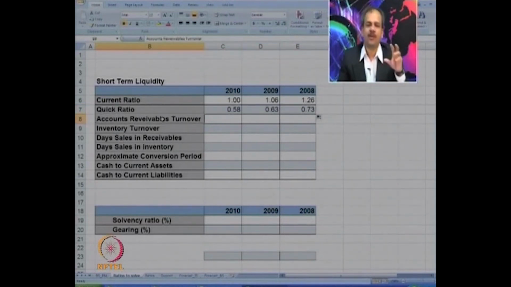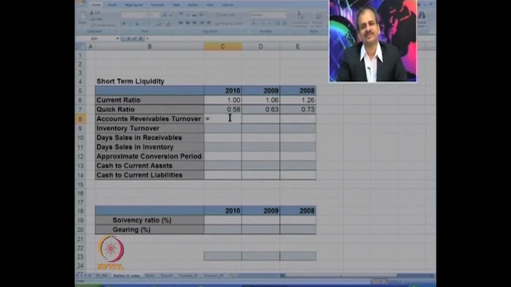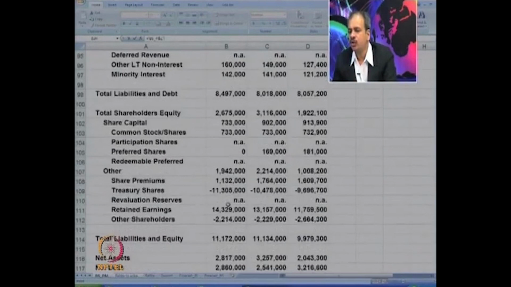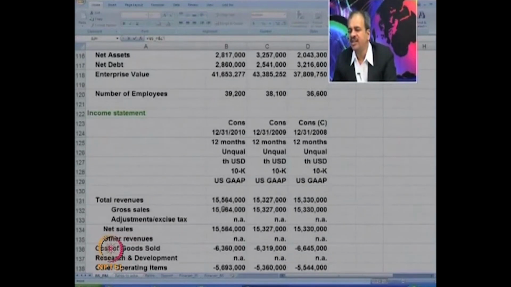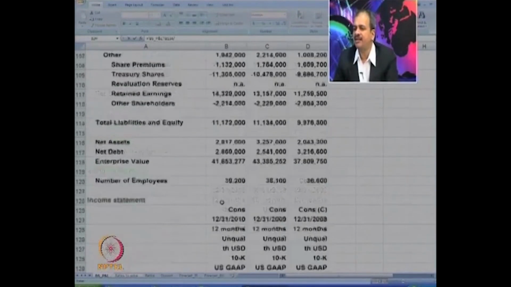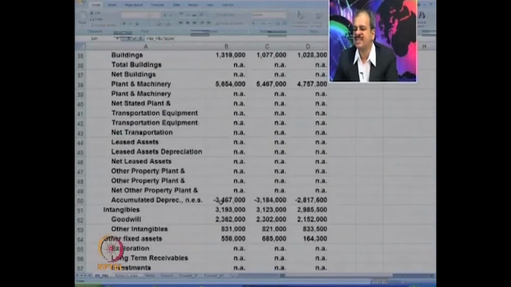Next is now from an activity side, which is current receivables turnover. So what will be the formula? You are right, it is turnover divided by account receivables. So we'll have to go down in the income statement where we get the net sales, divided by the receivables which we get from current assets.